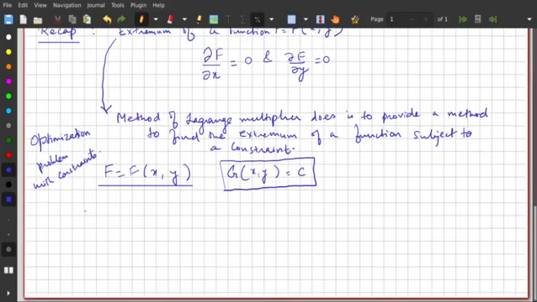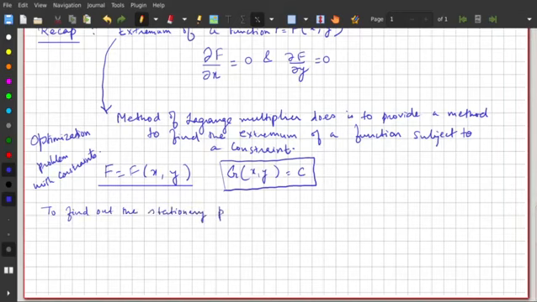So let's say we want to maximize or minimize, to find the stationary points of the function f, which is f of x y.